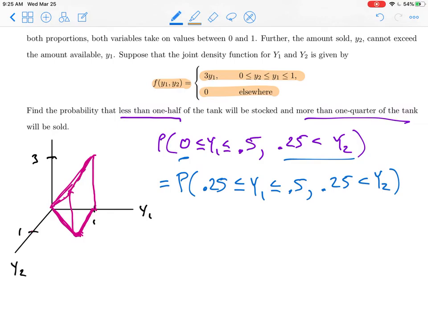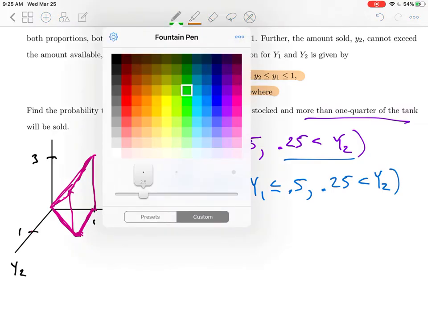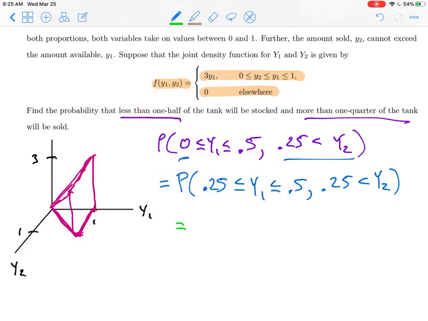All right, so let's look at the double integral that we'll have here. Our values for y1 are going to go from 0.25 up to 0.5. Our values for y2 are going to go from 0.25 up to, well, we can only sell as much as we have available, so they're only going to go up to whatever the value of y1 is.